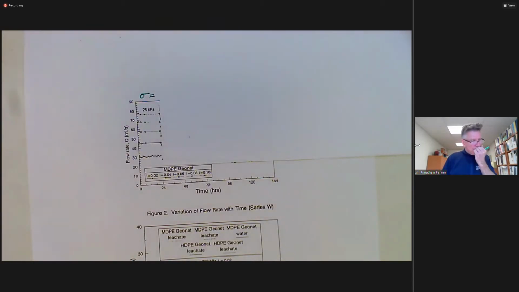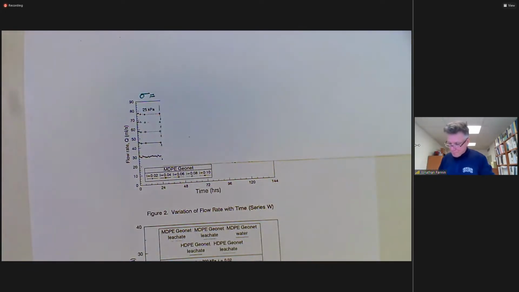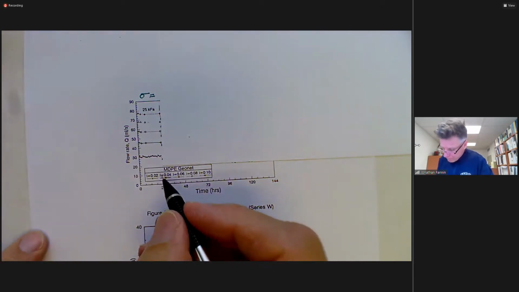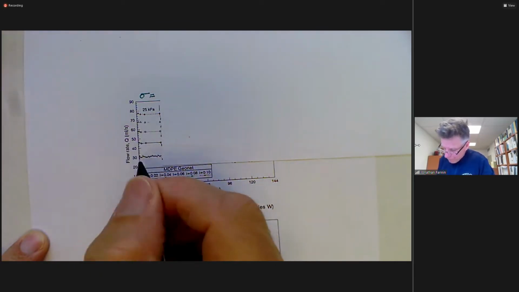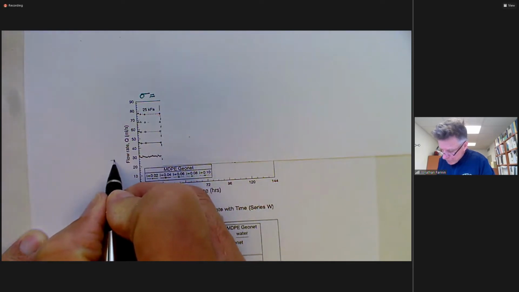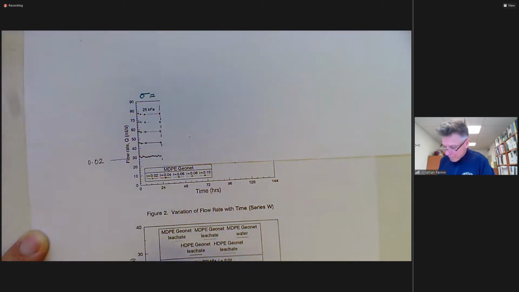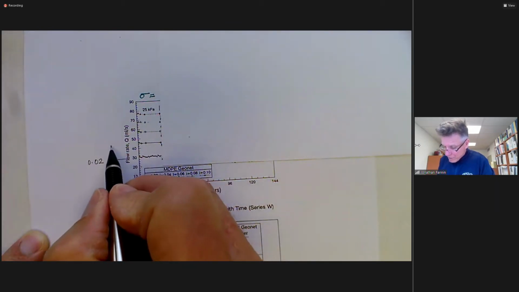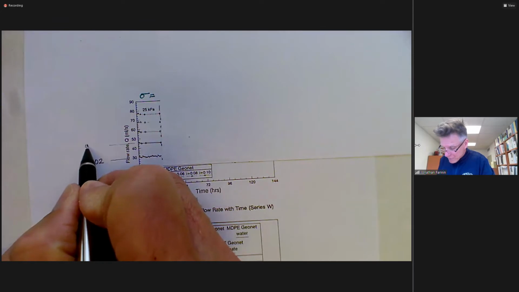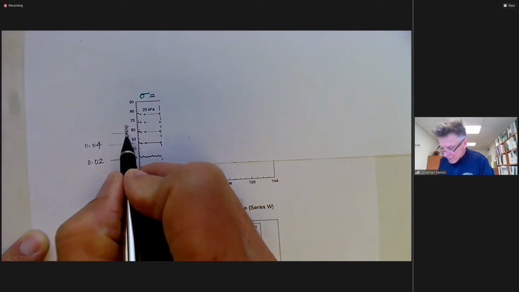Let's follow the emerging story. So we have data for I equals 0.02, I equals 0.04. These are relatively small gradients, 0.04, 0.06.